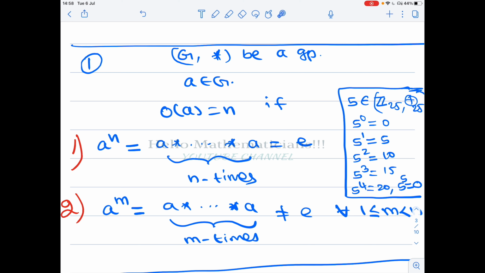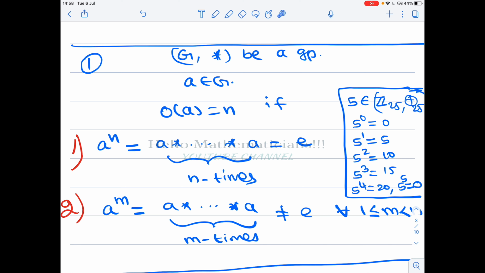You multiply one time, that is A itself, you are not getting identity. You multiply two times, you are not getting identity. Up to n minus 1, you won't get identity. Only at the nth time you get identity. So the least positive integer such that a power n equals identity is what we call the order of an element.